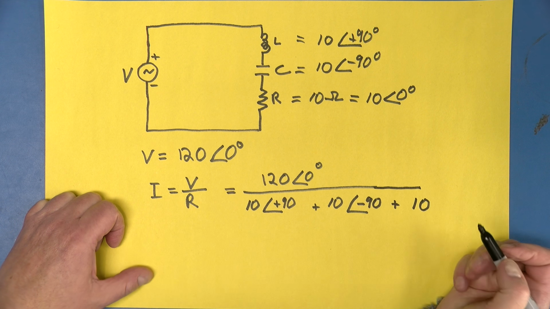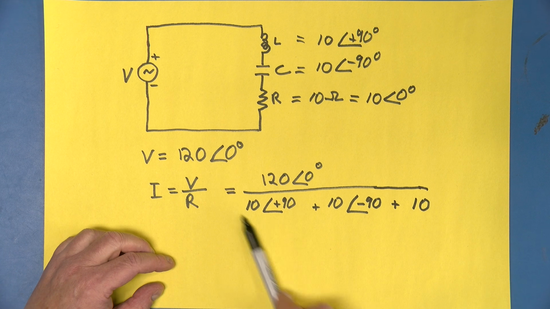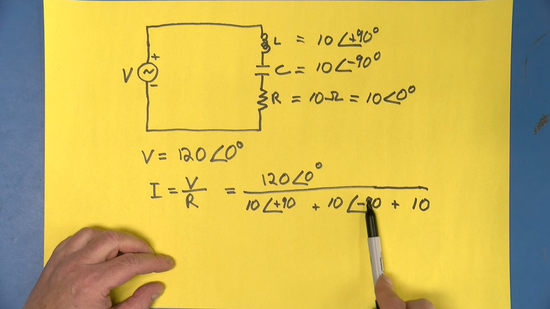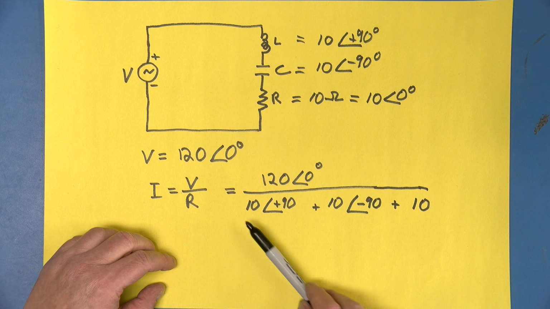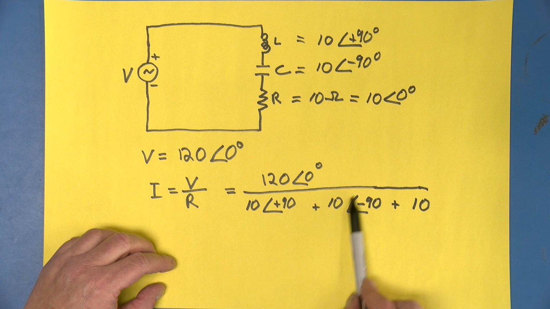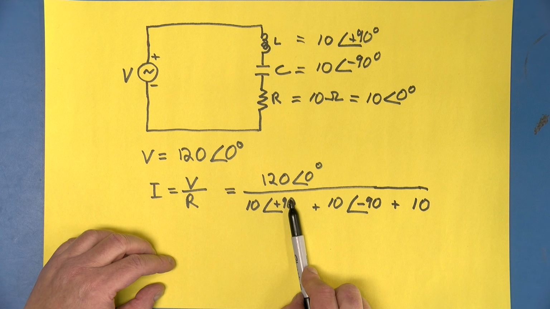Now, here's the really cool thing. Sure, these phasors represent the reactances of these two components up here. But remember, these phasors have an angle that represents a position on a waveform.